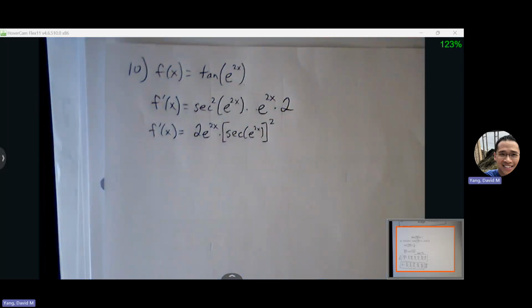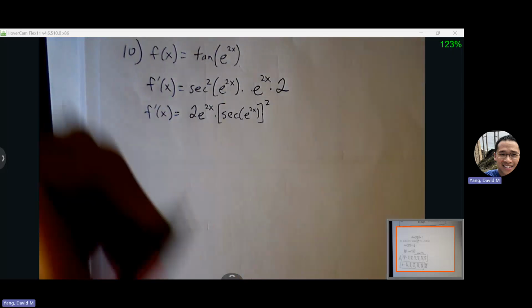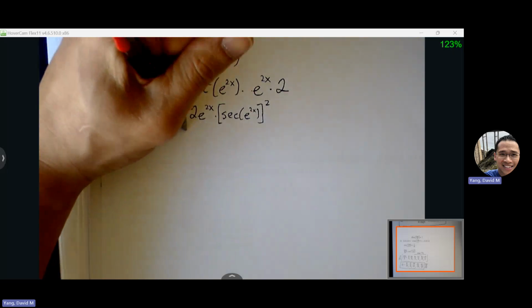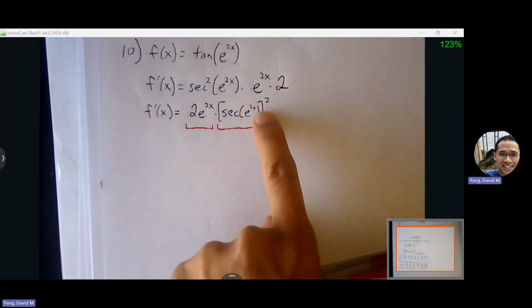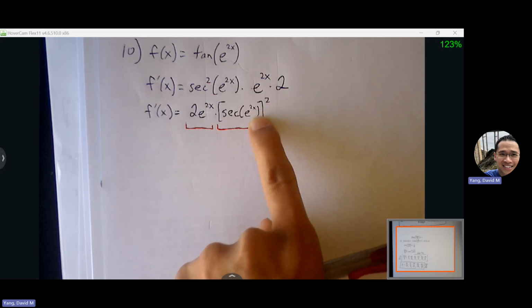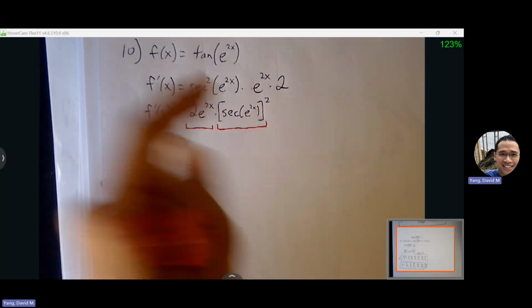Okay, I'm rewriting it in a way that can help us set up for our next derivative. We see that there's a need for product rule here, product and chain, because secant squared, we've got to go through that inside and outside portion. Right?